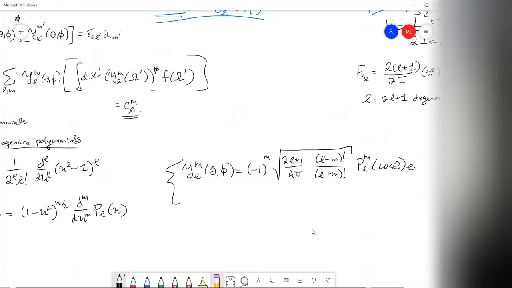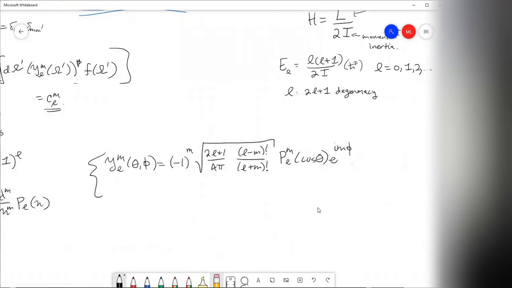And then you also have the part that depends on phi, which is e to the im phi. The phi part is very easy, and often in problems all you care about is how it depends on phi. So it's very important to keep in mind that it's just a little exponential of im phi up here. Oh, and these are for positive m.